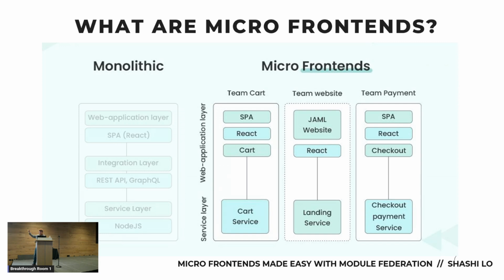Now, the payment team could upgrade to React 19 without even worrying about the other two. Because in the end, it's all minified and ingested into the host application anyways. But the awesome thing is, if all three of these were in the monolith, you have to load everything, right? And I mean, that could take 4 or 5 seconds. But now if you asynchronously load these applications, it could be a second, it could be way shorter.